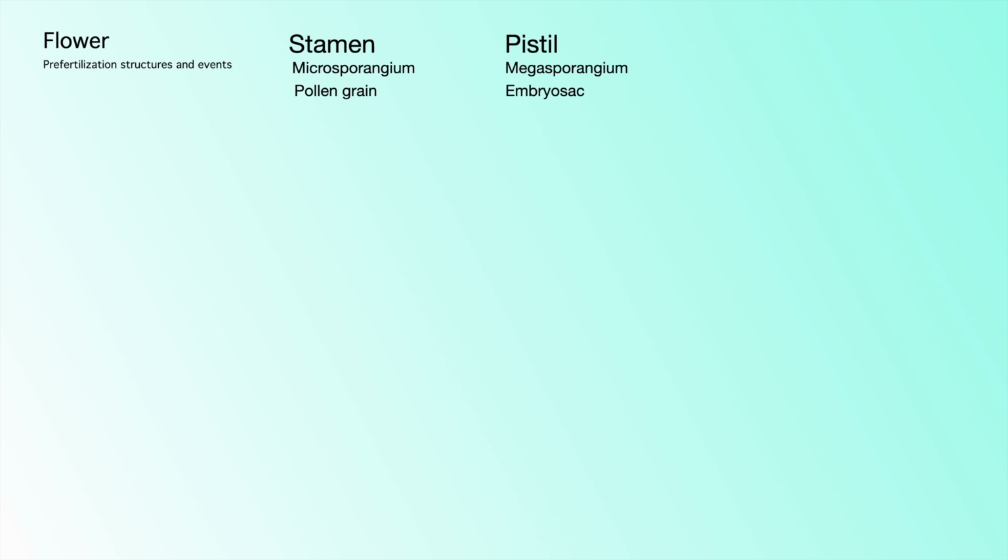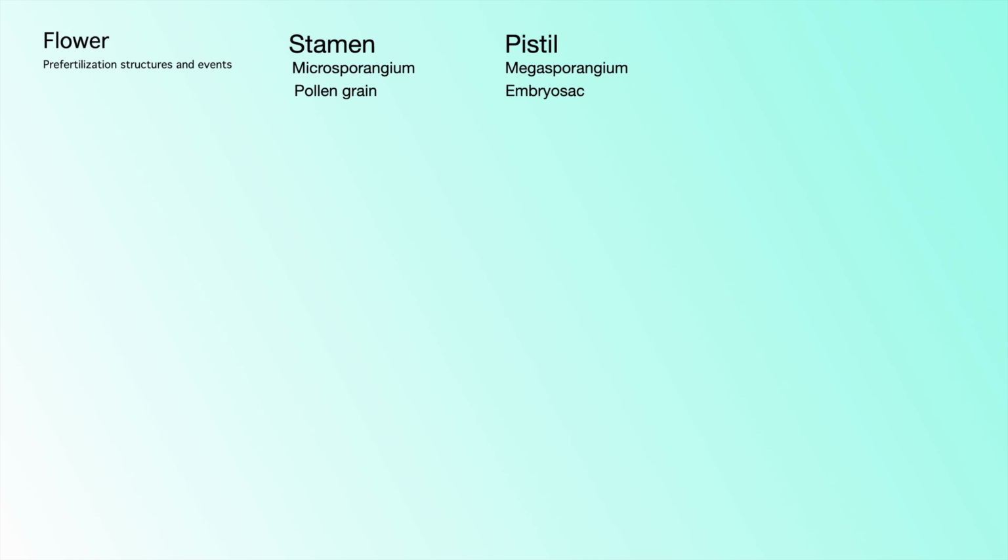And when it contains more than one pistil, it is called multicarpellary. When more than one pistil is present, that is multicarpellary, and if all pistils are fused together, it is called syncarpous. And when these pistils are separate or free from each other, it is called apocarpous.